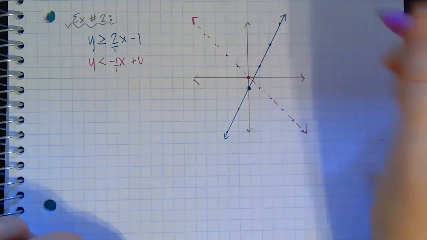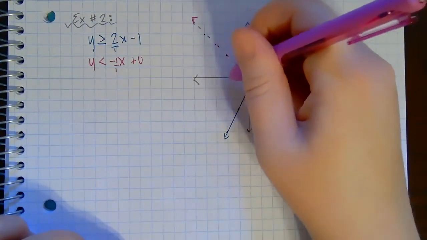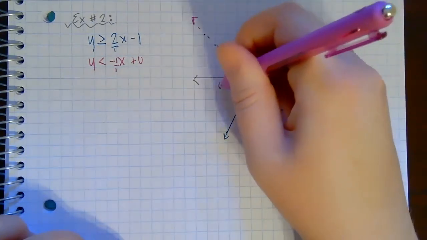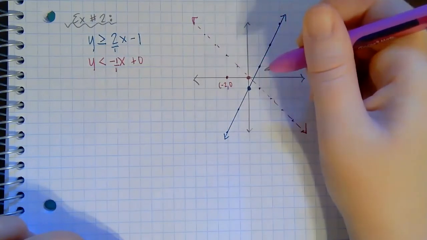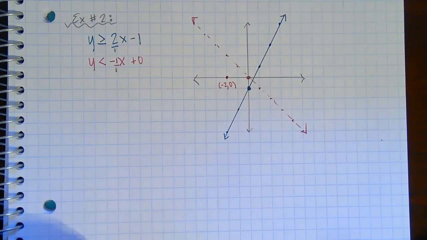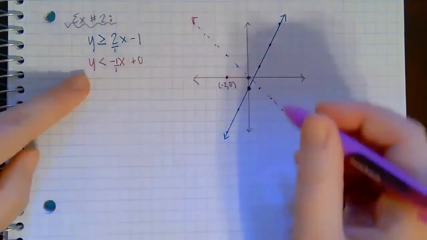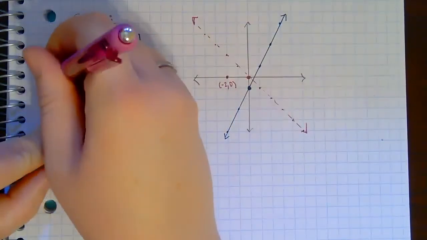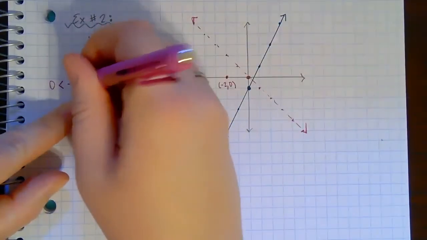So let's say I use, I don't know, I'm doing this for the purplish line. Let's just use this point right here, which is negative 2, comma 0. Okay, so then I'm going to substitute that in. We're talking about the purple one. So I'm going to plug that into the purple one. So y is 0, less than negative, and then x is -2.